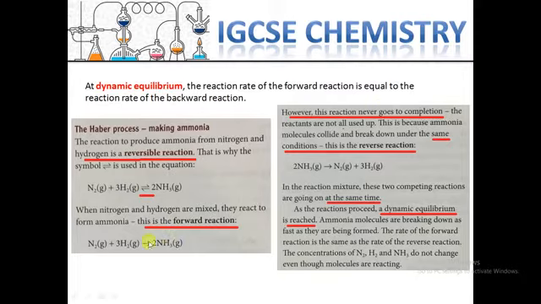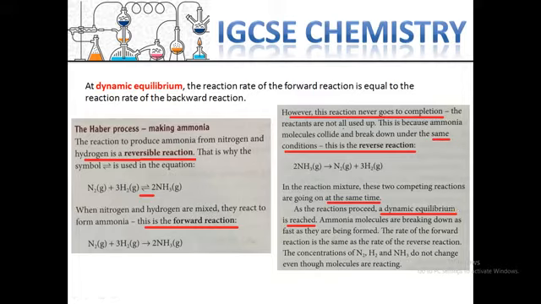So ammonia is able to break down and then produce nitrogen gas and hydrogen gas. So here on the other side you can see the reverse reaction. This can happen at the same condition and same time. So this reaction moves forward, moves backward until the reaction reaches a dynamic equilibrium. So that means they're stable.